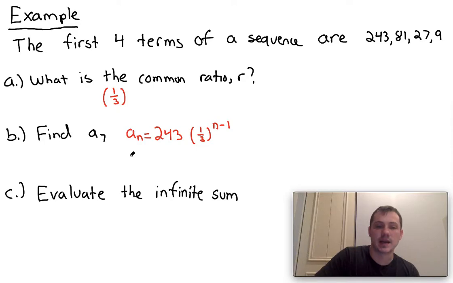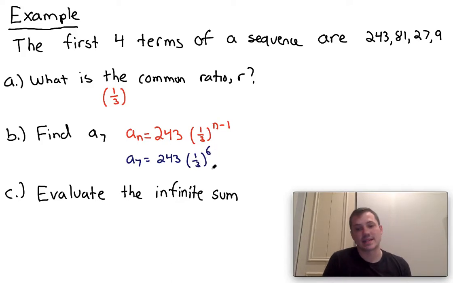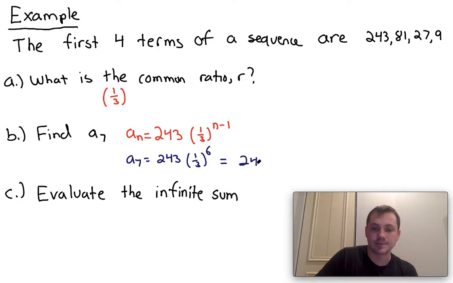So this is going to become a sub 7 is equal to 243 times 1/3 to the 7 minus 1, which is 6. Now, 1/3 to the 6th is going to be 1 over 729. So this is going to be 243 times 1 over 729, which is just going to simplify down to 1/3.